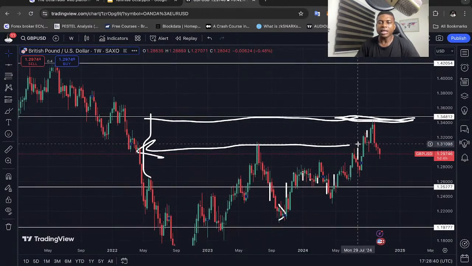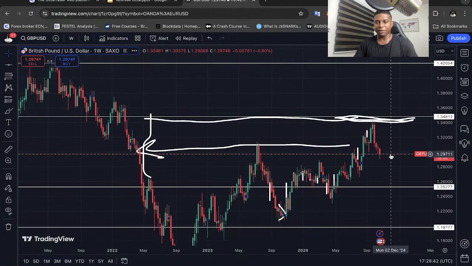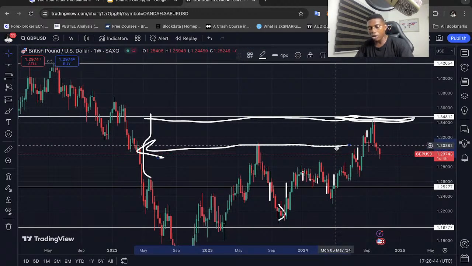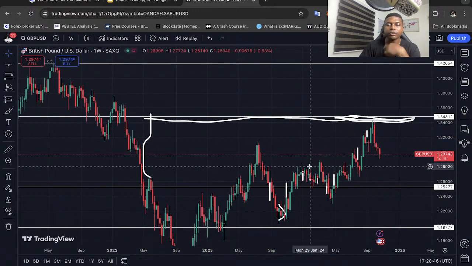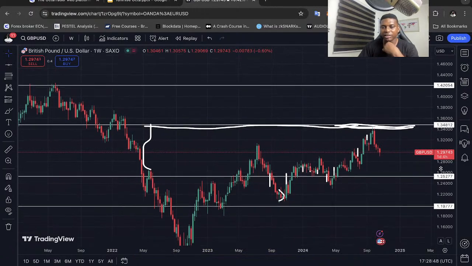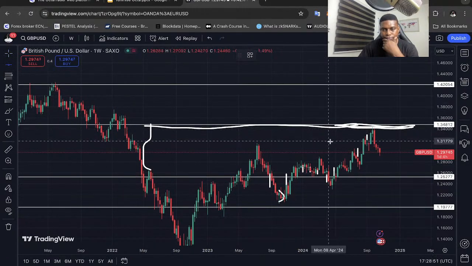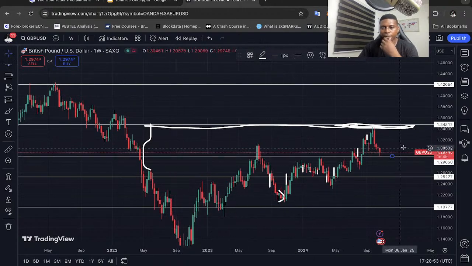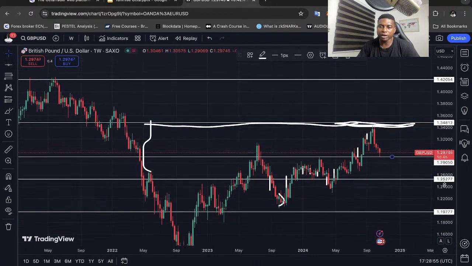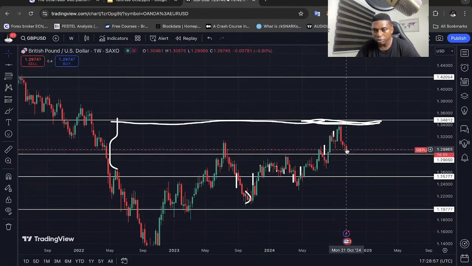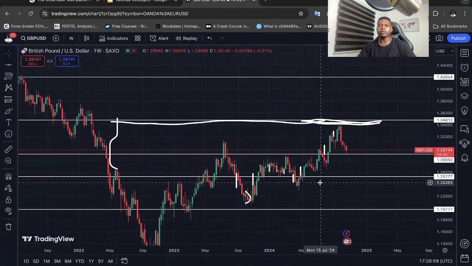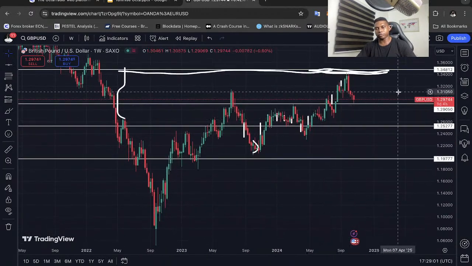Okay, now when you look at this on a weekly time frame, we can also still spot another minor support resistance level here, where price is currently bouncing, sitting on.